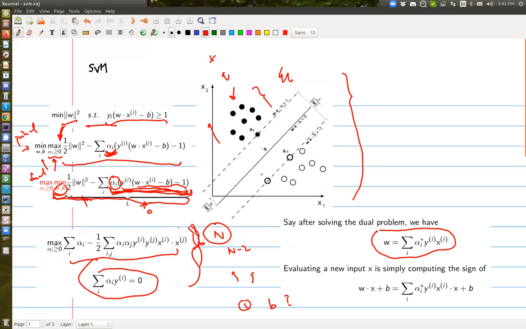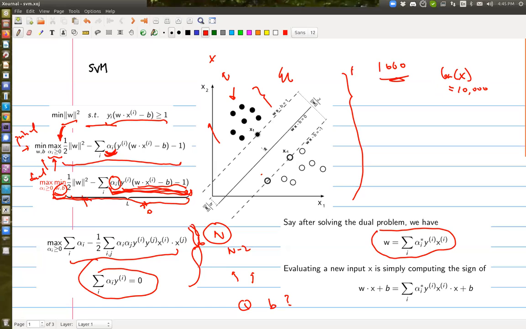And we have maybe 1,000 data points here, and the dimension of x can be maybe 10,000, a very high dimension in practice.